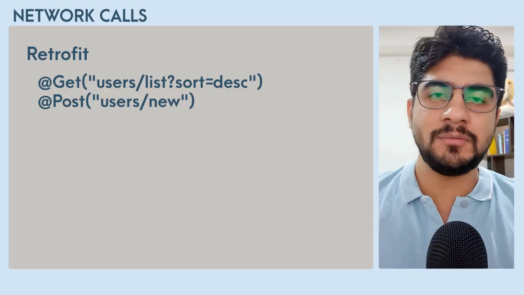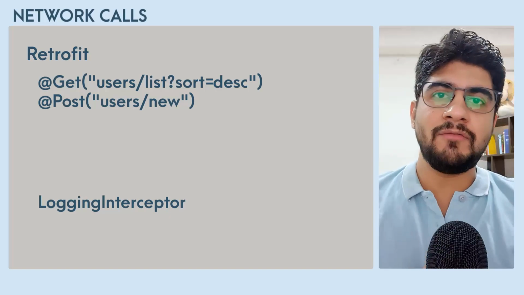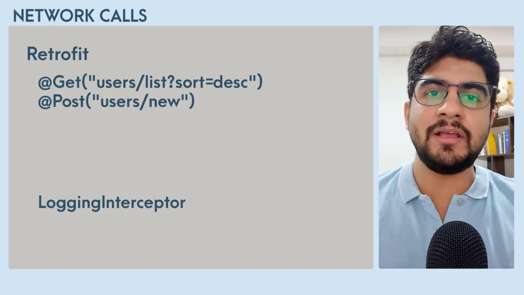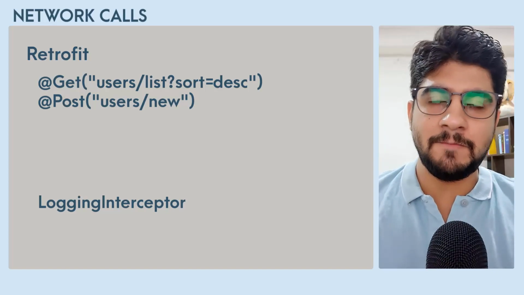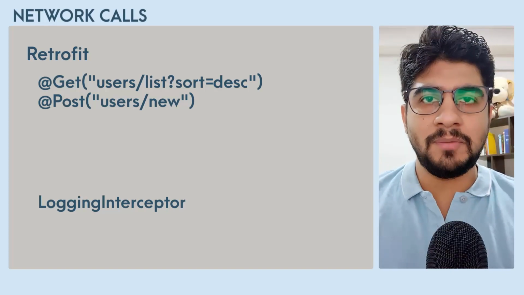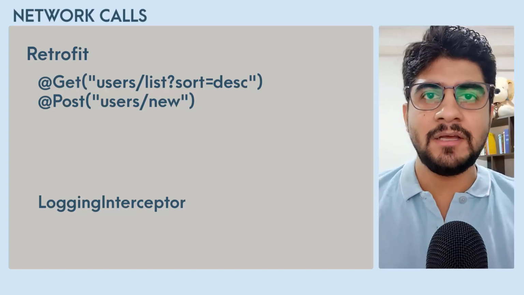You can also add interceptors. For example, if for every API call you want to record a log, you can have a logging interceptor, which is already created as a support interceptor. There is also good support for parsing the JSON data which comes from the API.